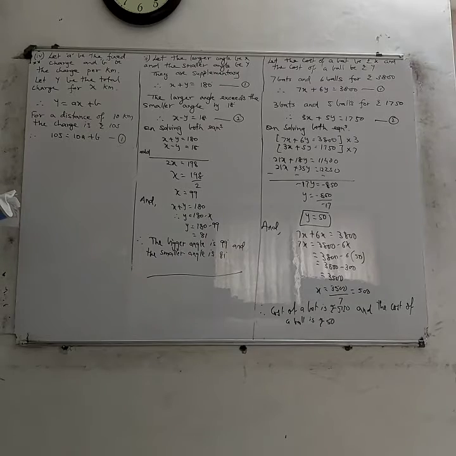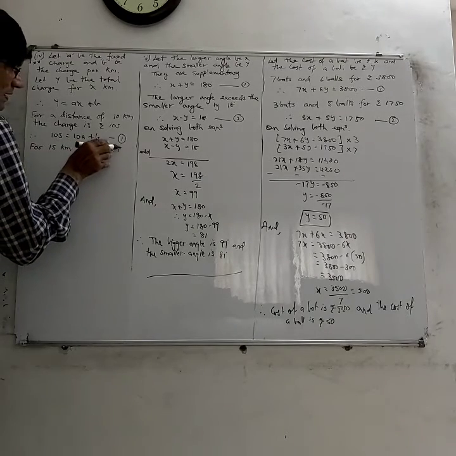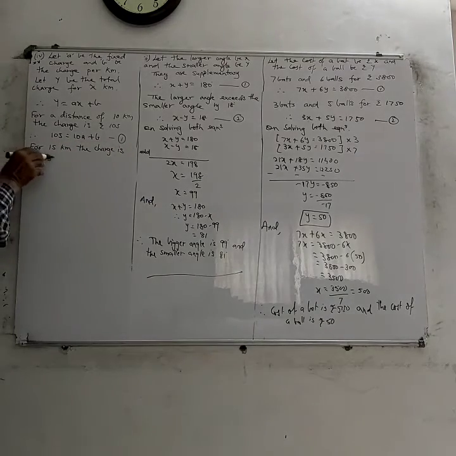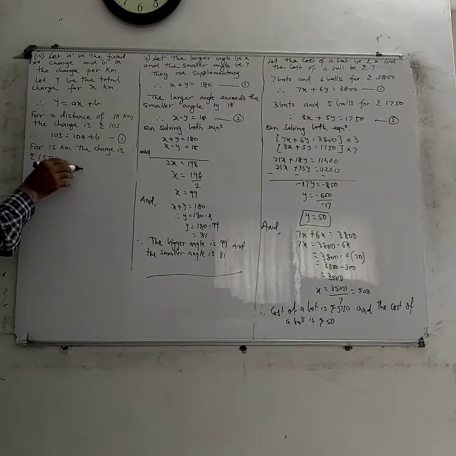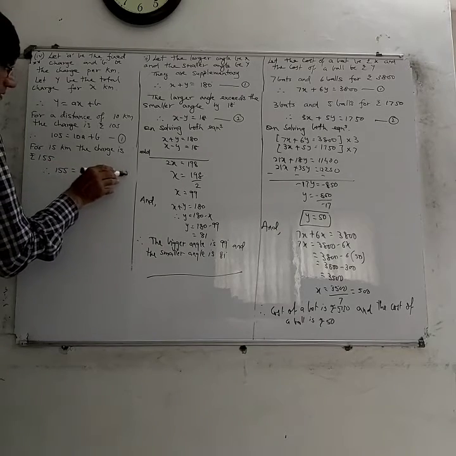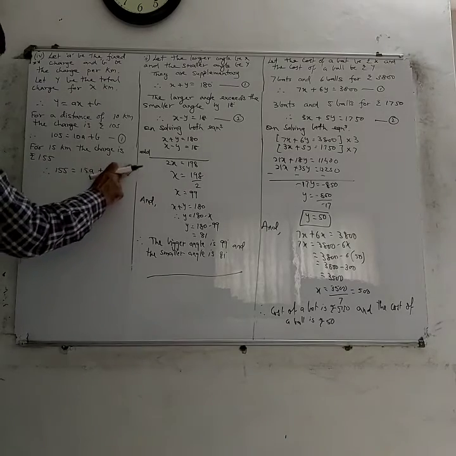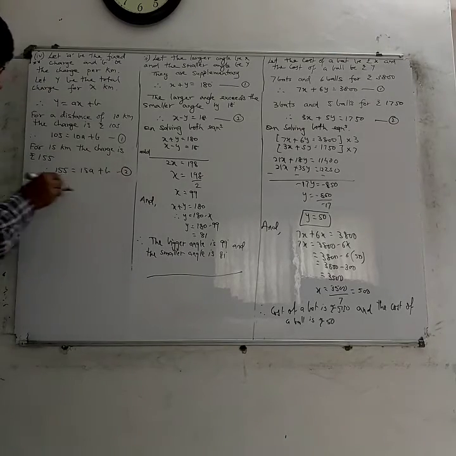And for 15 kilometers the charge is 155. For 15 kilometers the charge is 155 rupees. Therefore 155 is equal to 15A plus B. Now we got two equations here, equation number 1 and equation number 2.